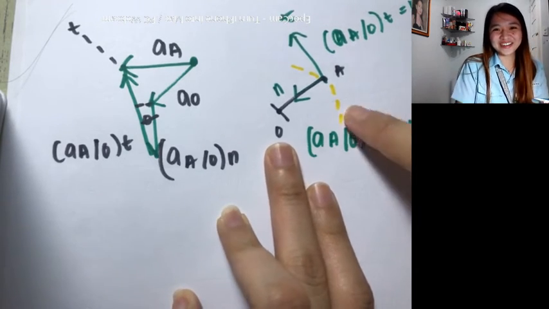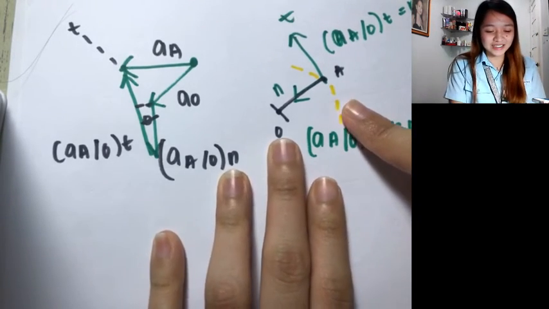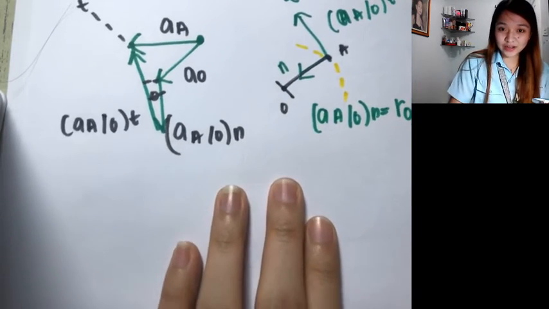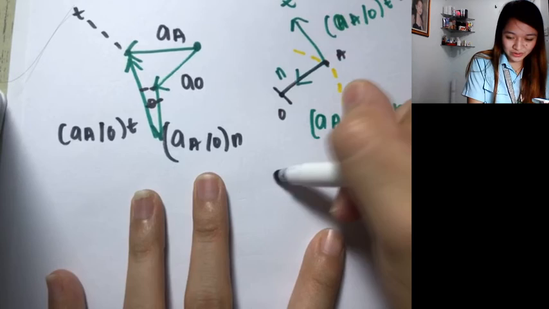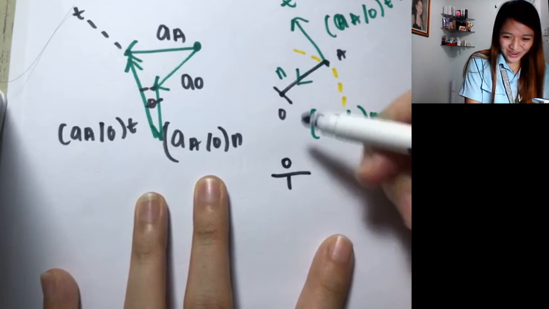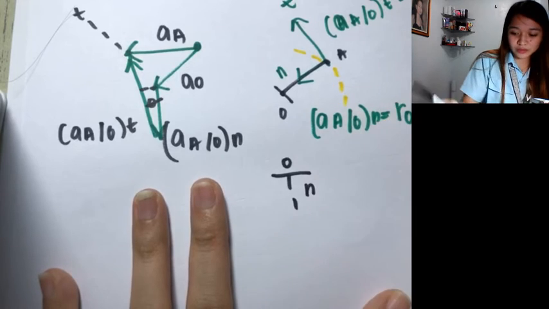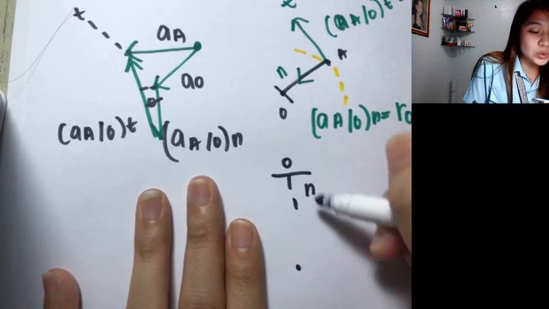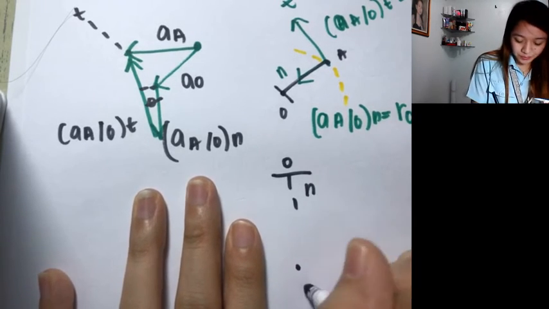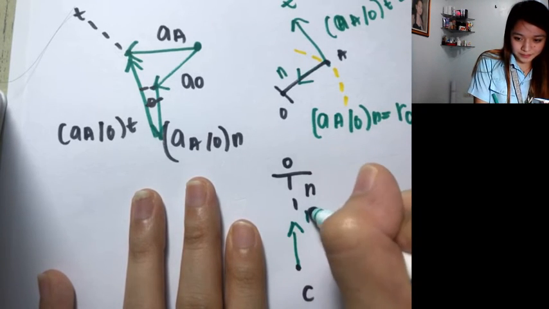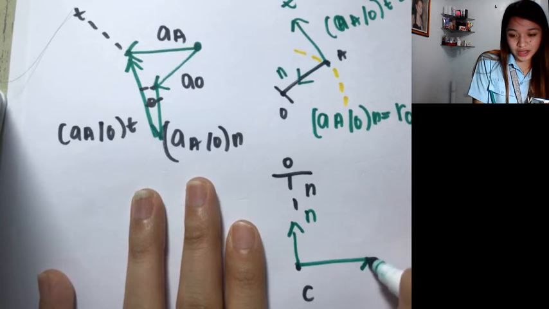Have two different coordinates. Sorry for that, guys. So A to O, and then we have here O, which is, this is our normal, and this is our O to C. And this is our normal. This is our tangential.